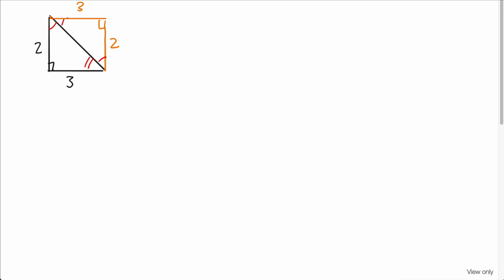These two angles are the same. And because they're all part of a triangle with a right angle, both of them end up being right angles. So we do have a rectangle, 4 right angles, and so the area of the rectangle is 6.